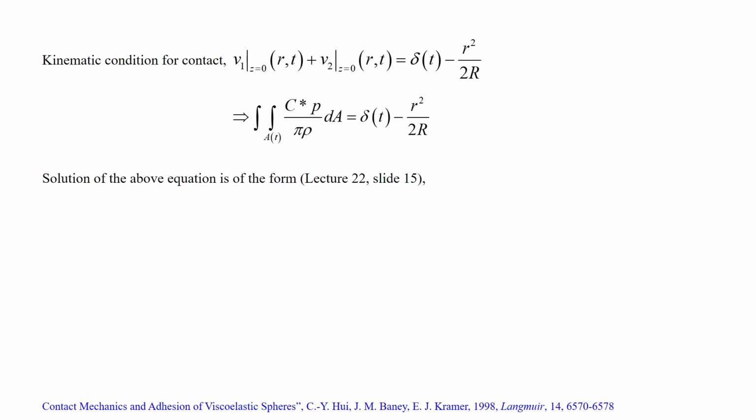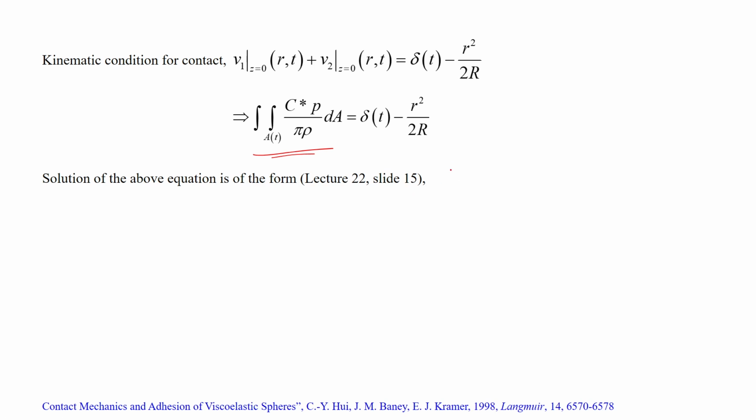So, the solution of this equation has been obtained, of the form that is obtained from lecture 22, slide 15. For this adhesion condition, that can actually be written as something like this.